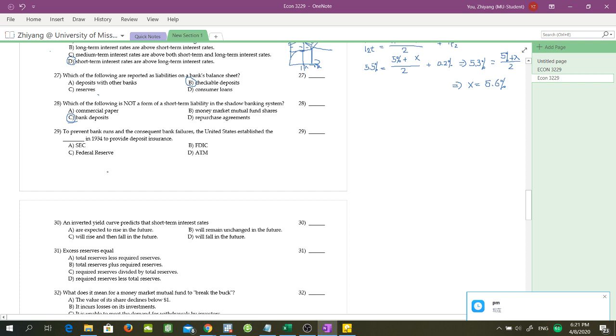They're real banks, your commercial banks. All the other things, the shadow banking is taking them. Question 29. To prevent bank runs and the consequent bank failures, the United States established what in 1930? Whenever you see deposit insurance, that's FDIC.